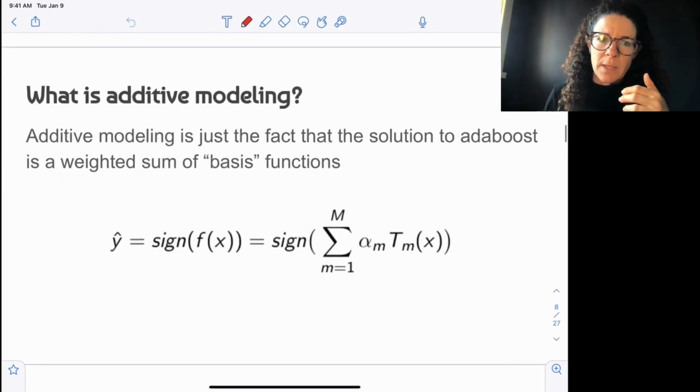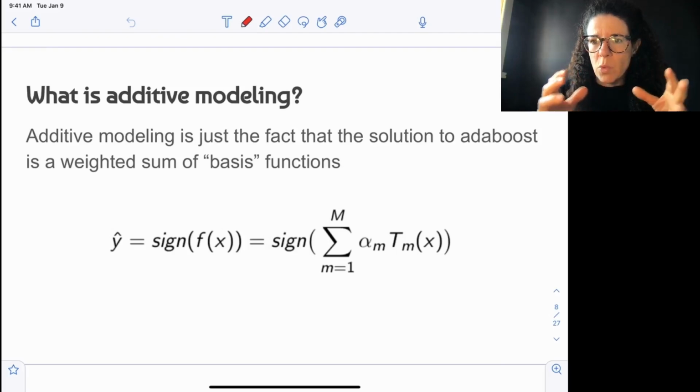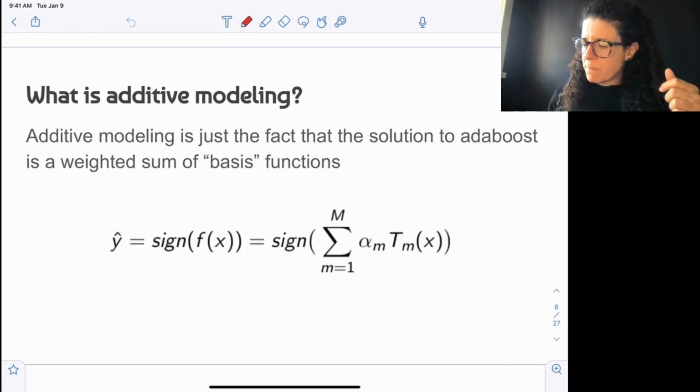Additive modeling is just the fact that the solution of AdaBoost is a weighted sum of functions. It's just that we are summing these trees, assuming that the solution has this form, right?